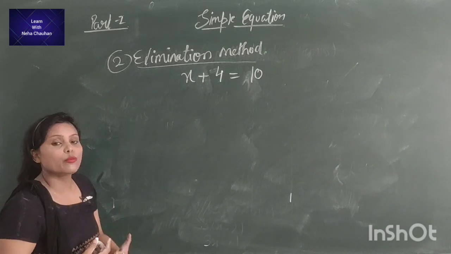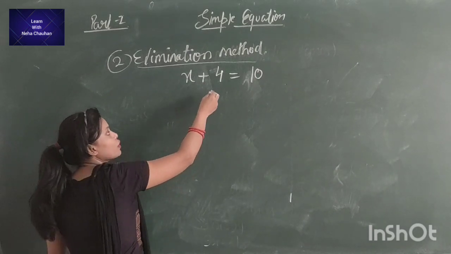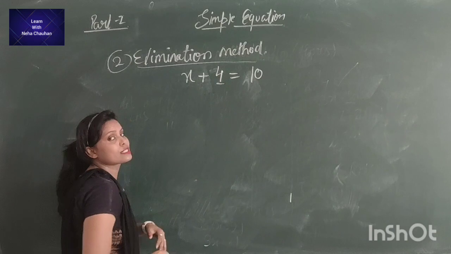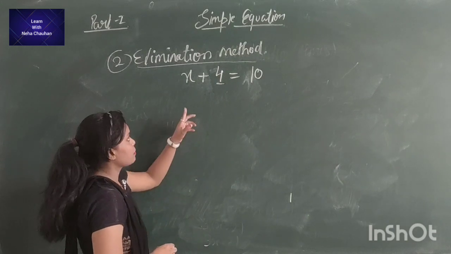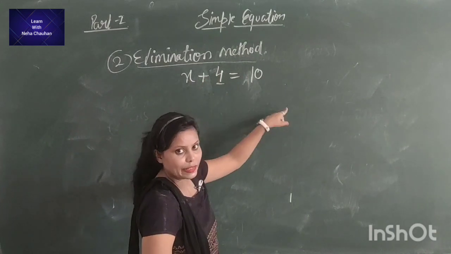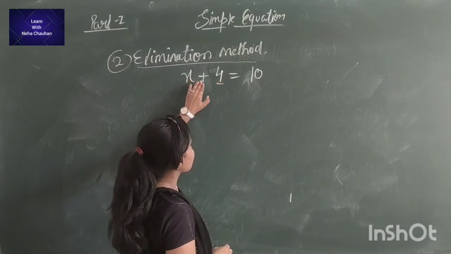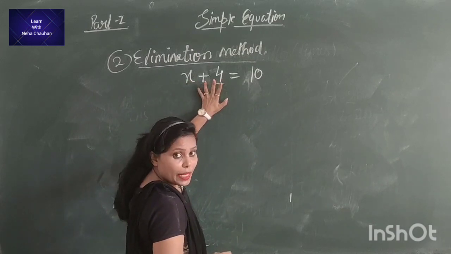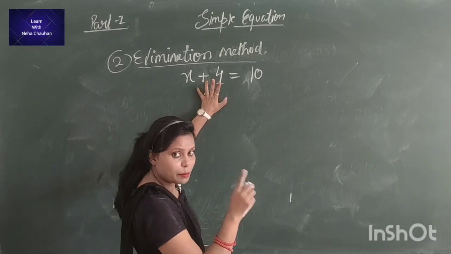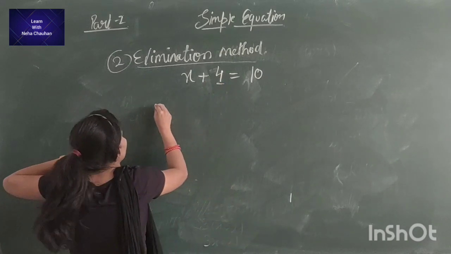So, how we will remove it? For the removing of 4, we will subtract it from both sides. Okay, because here 4 is adding to the x. So, the opposite of addition is subtraction. Right. So, what we will do?